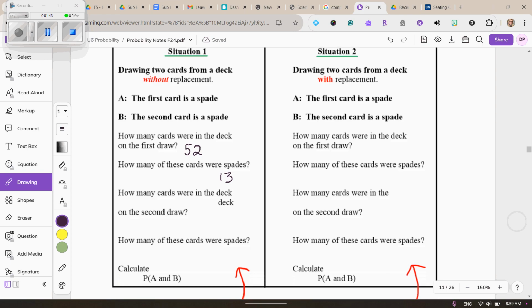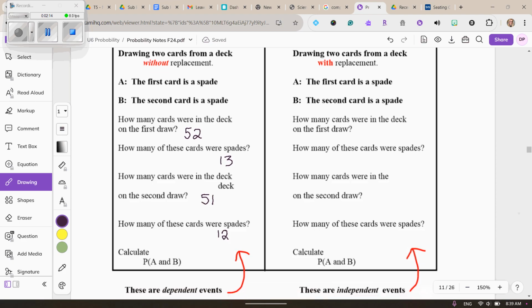Now we have our first event finished and we have to do our second event, which is the second card is a spade. However, I didn't replace that first card, so now there's only 51 cards in the deck. And I assume that I got my favorable event in that first draw, which means now there's only 12 spades left in the deck.